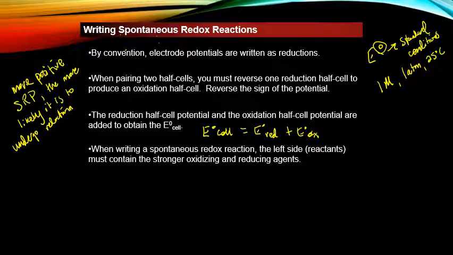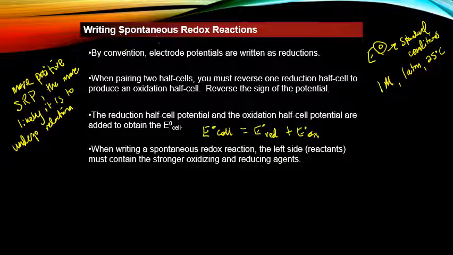When we're writing the spontaneous redox reaction, the left side, the reactants, must contain the stronger oxidizing and reducing agents. So just kind of think about it like we did with our acids and bases for the Bronsted-Lowry definitions. Again, we can look at the parent on the left side and the new substances that are formed on the right.